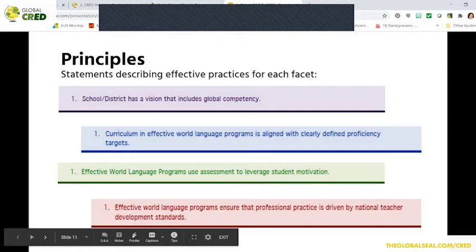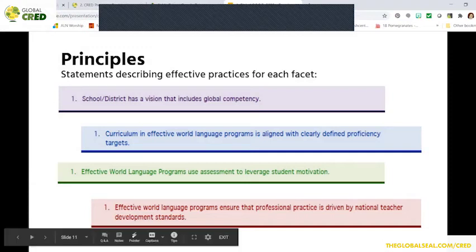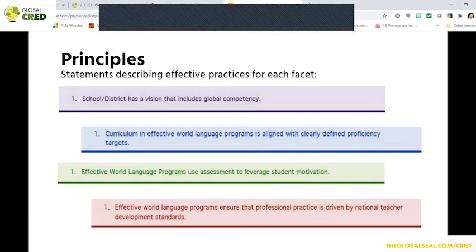So once you dive into each facet and you get beyond the principle, you want to get down to these effective practices for each facet. So when you get to this, you want to talk about these.